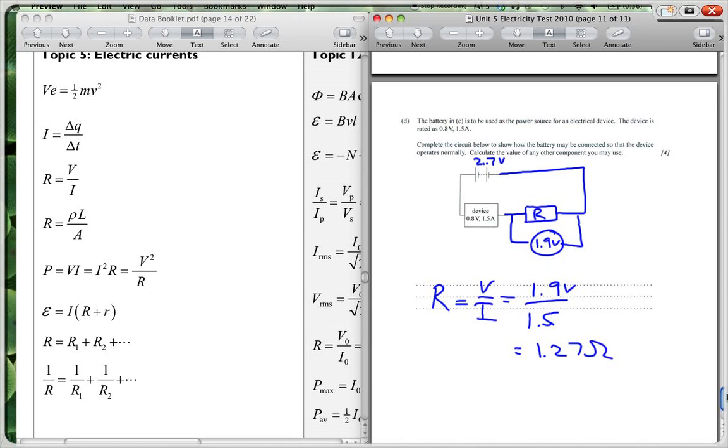So I'm going to need a resistor in series with a resistance of 1.27 ohms. That will create a potential difference there of 1.9 volts plus the 0.8, which will match our 2.7 volts, which is across the cell.